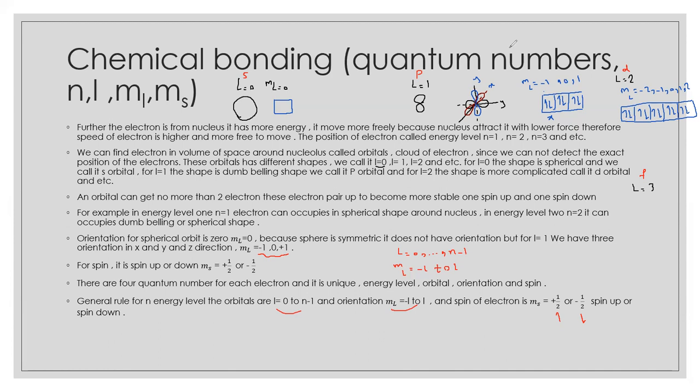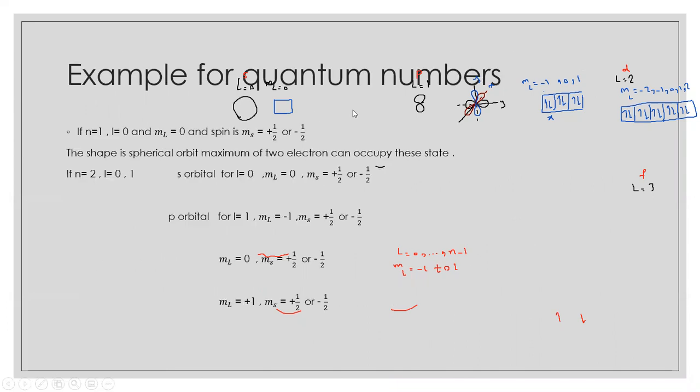So now we're doing an example. I'm going to erase this and move to the next slide. Okay, this is an example. If n equals 1, l is going to be from 0 to what? n-1. n-1 is 0, so I have just l equal to 0.